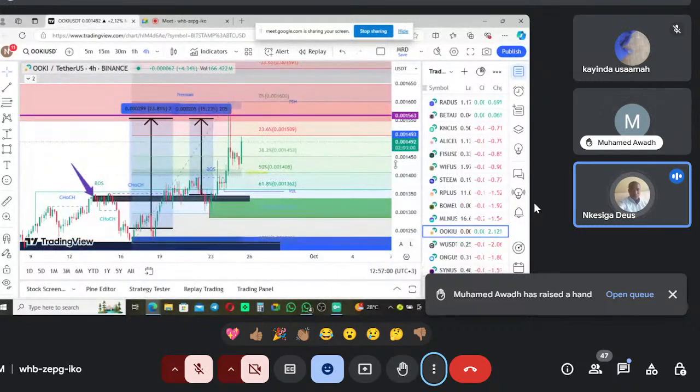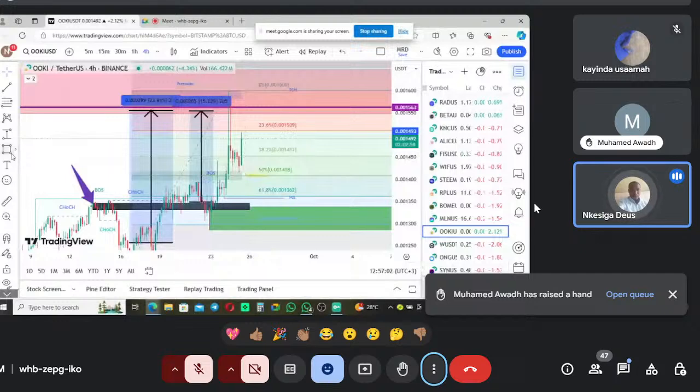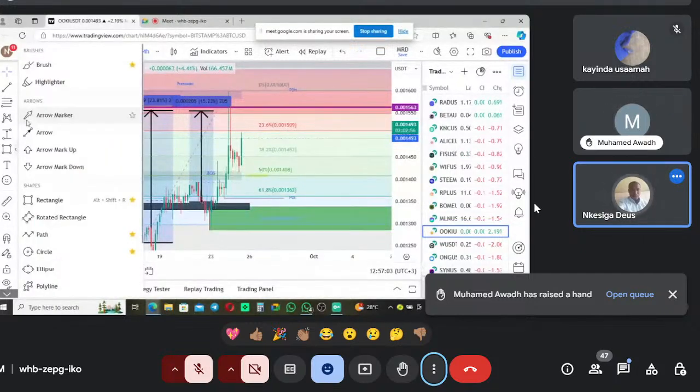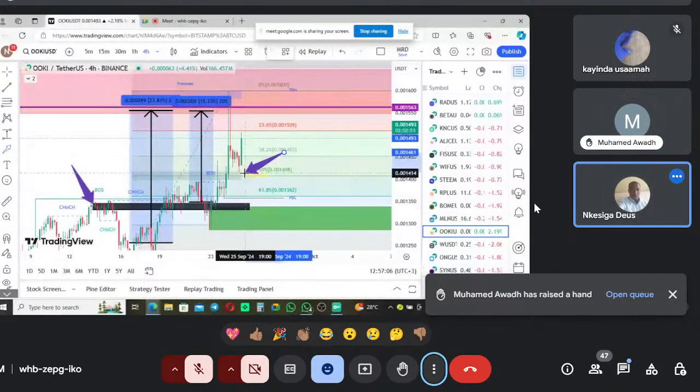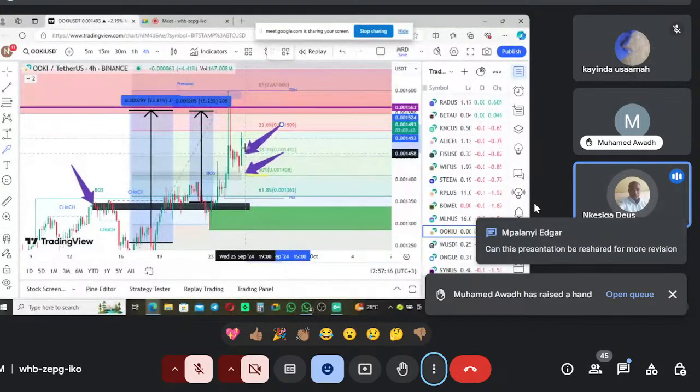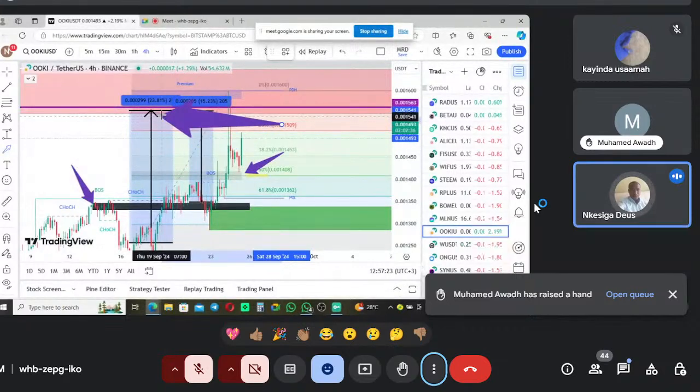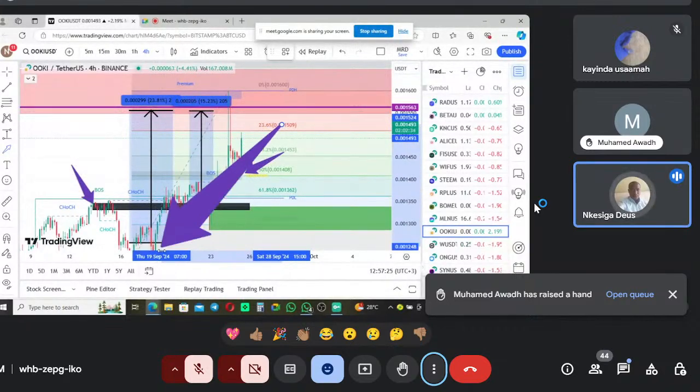You can look at this now. Look at how the market is respecting the equilibrium at this point. After touching premium, the market came back all the way from here up to this level of equilibrium. You can see how the market is respecting it. I had shared this coin to take 23% from the discount level.